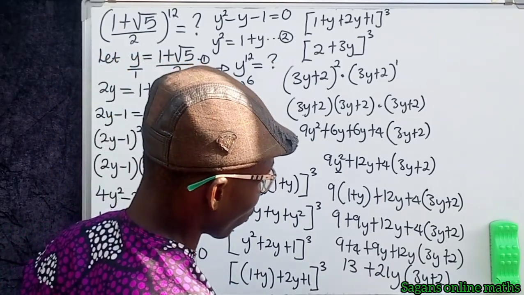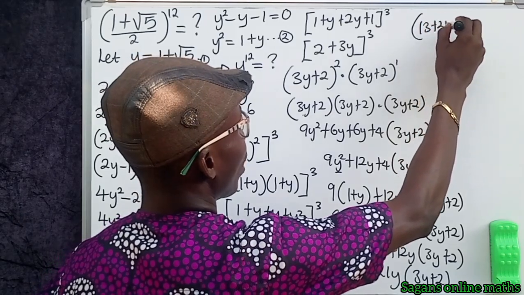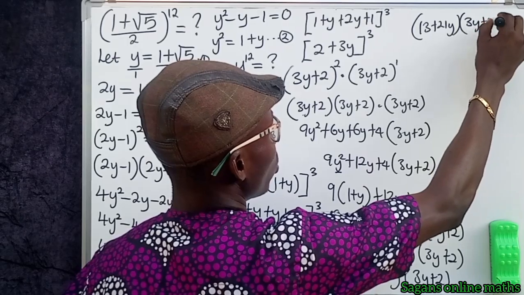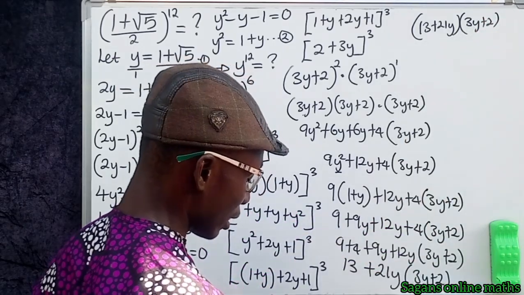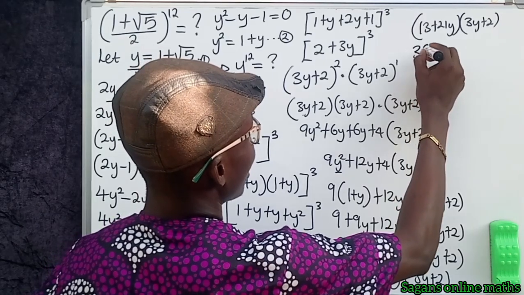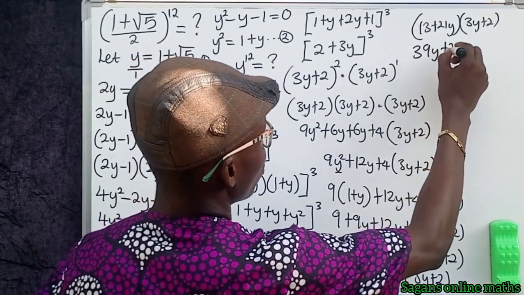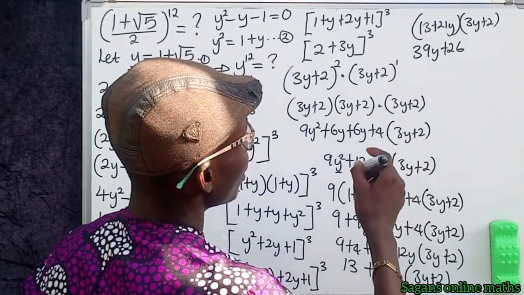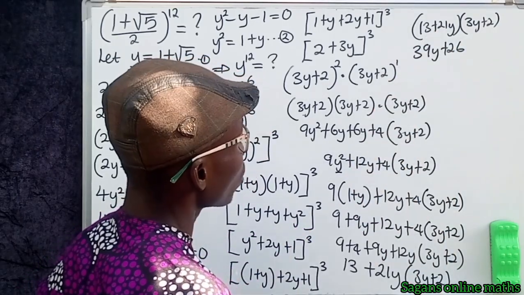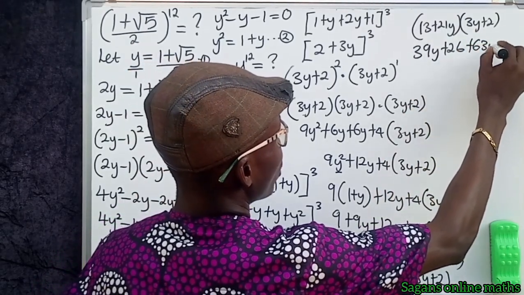So from here, let's multiply. This is (13 + 21y) into (3y + 2), right? So let's see. 13 times 3y is going to give us 39y. 13 times 2 is going to give us plus 26. Then 21y times 3y is going to give us plus 63y squared.